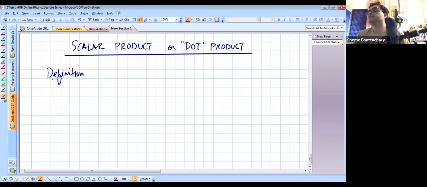By definition, first of all, this is the symbol that we use for scalar product.